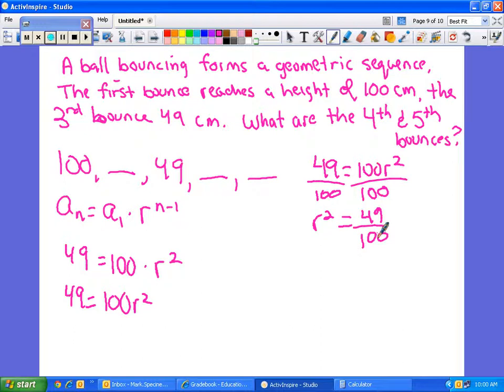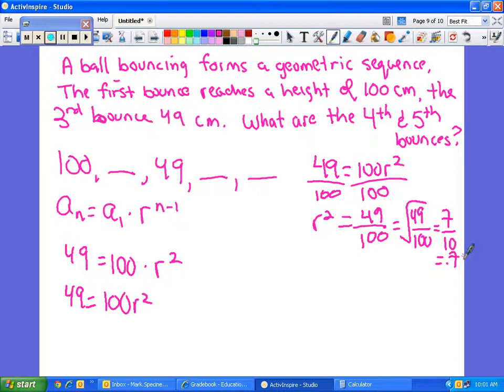So I get the square root of 49 over 100. Square root of 49 is 7. Square root of 100, 10. And then you'll probably want to convert it to a decimal because it'll be easier to use. 7 over 10 can be converted to 0.7. That's my r.